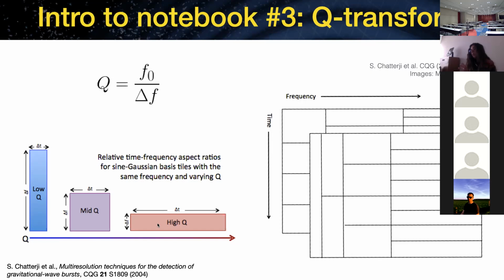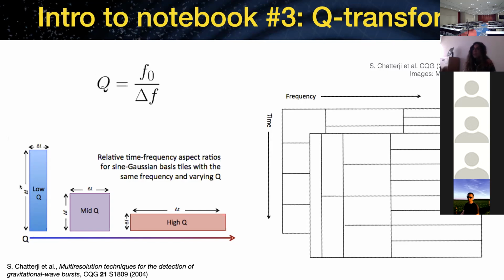You control this behavior with a quantity Q, defined by the central frequency divided by the delta F of your tile. That is the Q factor, the quality factor.